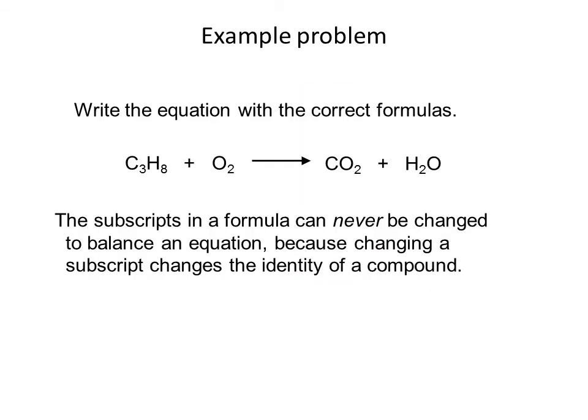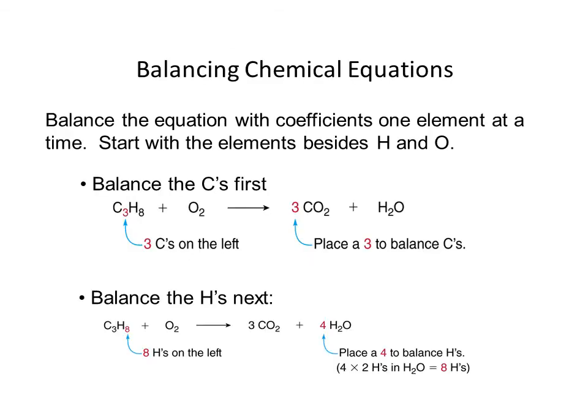When we go to balance a reaction, what we must do is first write the equation with the correct formulas so that we have each substance written with a correct formula. Now, we never change the subscripts after we get the correct formulas written, because that changes what compound we have, and the compounds are specific to what happens in a reaction.